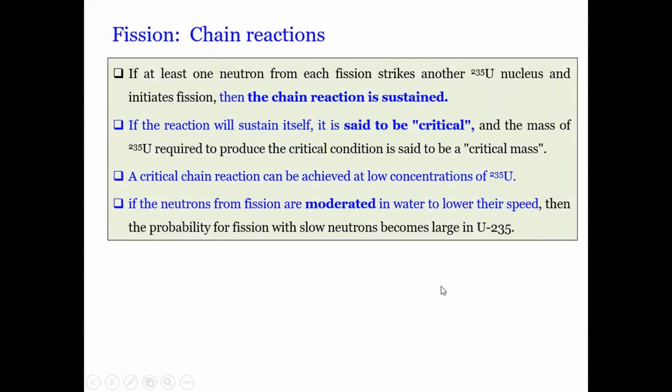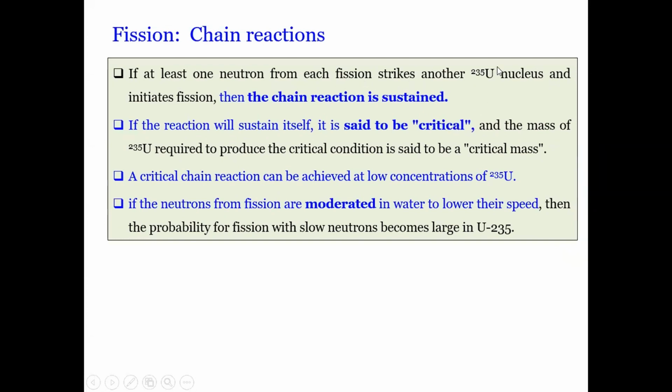Another property of fission is that it is a chain reaction. At least one neutron in each fission, which strikes a U-235 nucleus and initiates a fission, is emitted and a chain is basically sustained. So if the reaction is to sustain itself, it will be called a critical reaction.